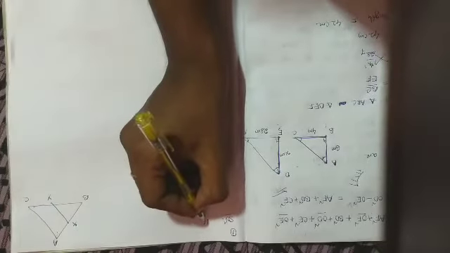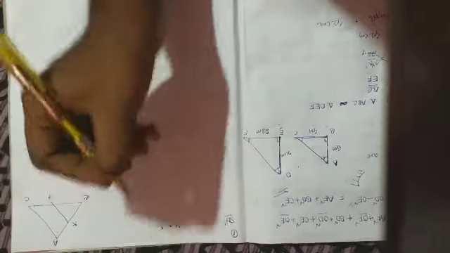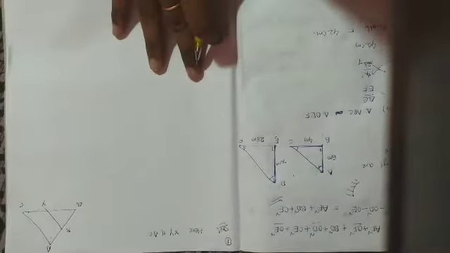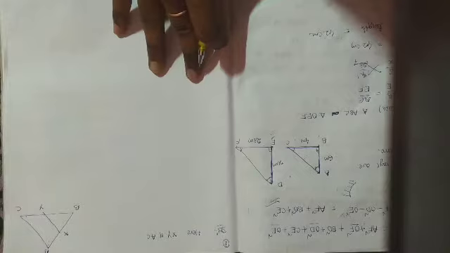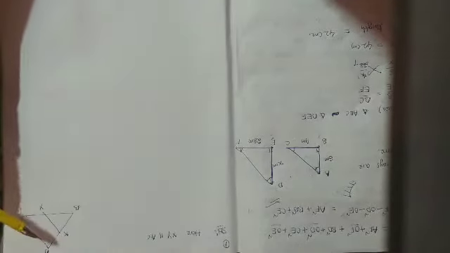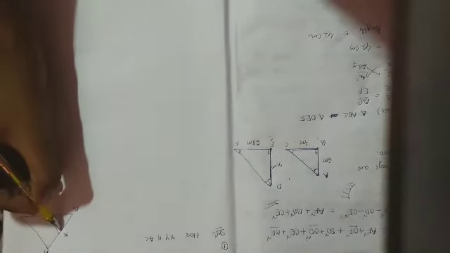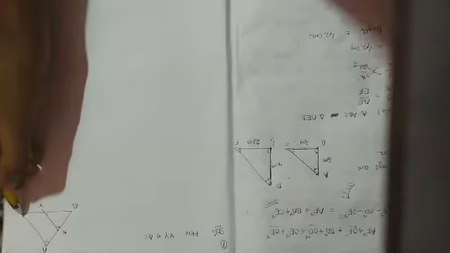Here XY is parallel to AC. When two lines are parallel, then their corresponding angles will be equal. So this angle equals this angle, and this angle equals this angle.